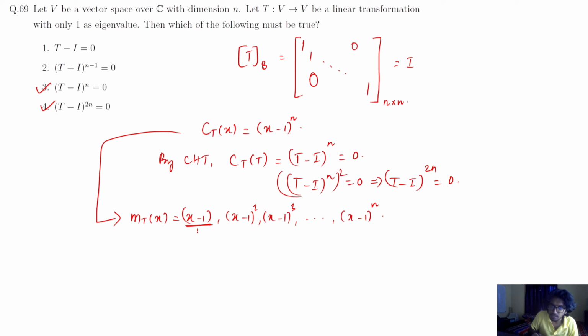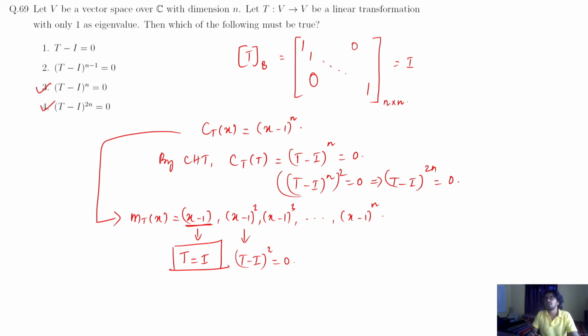If the minimal polynomial is x minus 1, then T is the identity matrix. In that case only, your first option is true. But there is no guarantee that this is your minimal polynomial. What if the minimal polynomial is (x minus 1) squared? In this case, what happens? (T minus I) squared is 0.